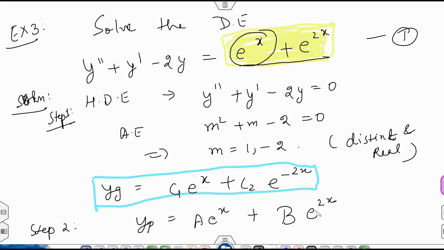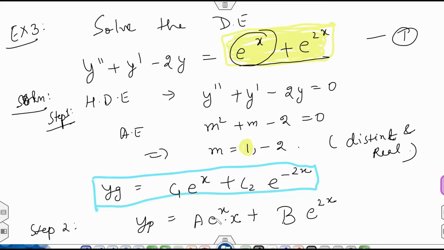Now I have to check whether this part is a root of the auxiliary equation or not. You can see that here a is 1 and I have a single root 1, and here a is 2, but I don't have a root over here. So only one x will be multiplied in this portion, right?